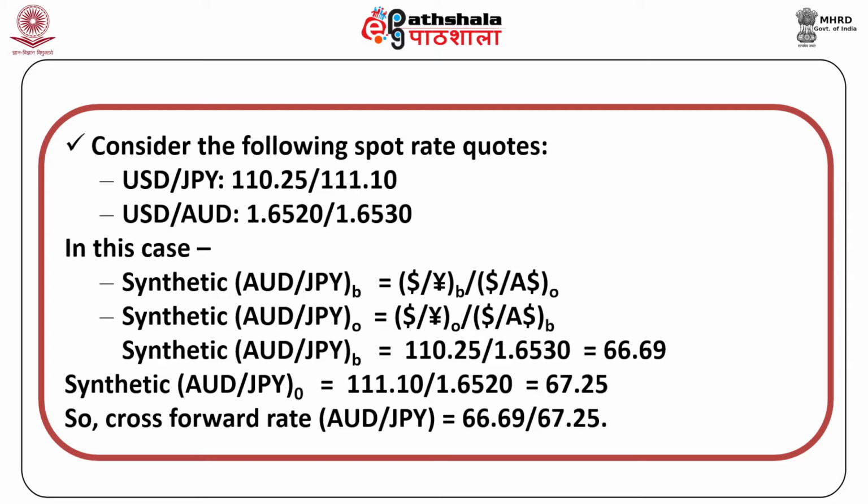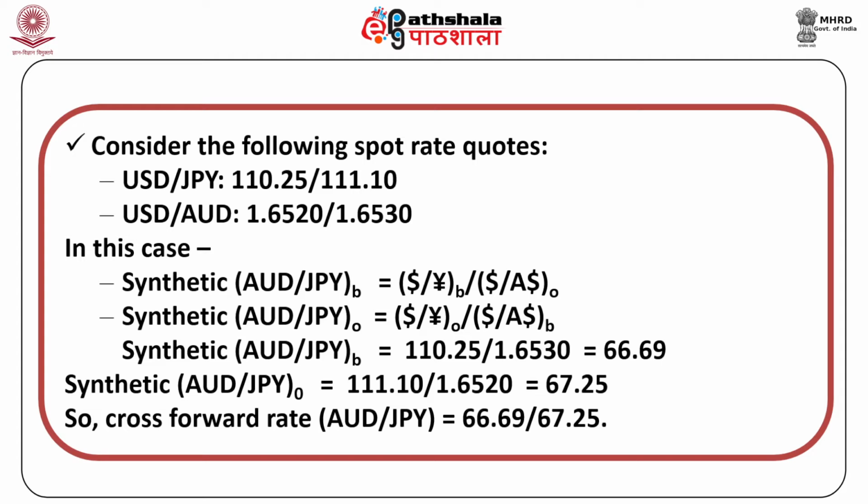In this case, synthetic Australian dollar to Japanese yen bid is equal to Japanese yen bid by Australian dollar bid. Synthetic Australian dollar by Japanese yen offer is equal to Japanese yen offer by Australian dollar offer.